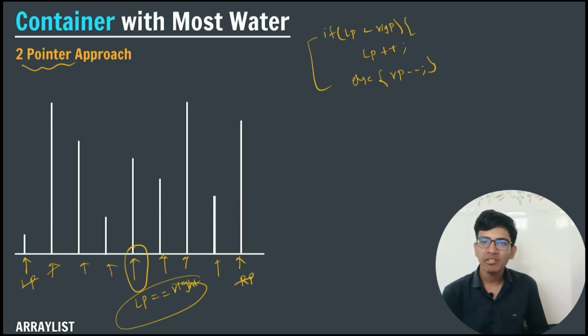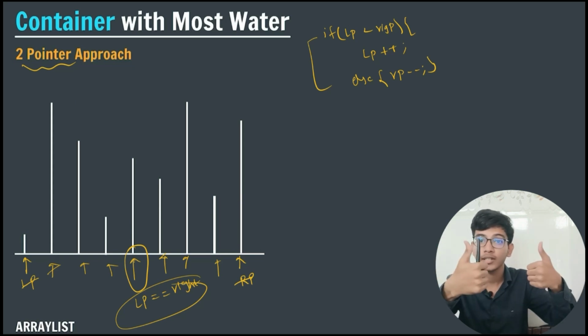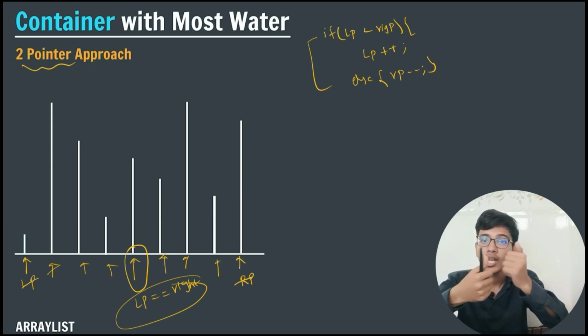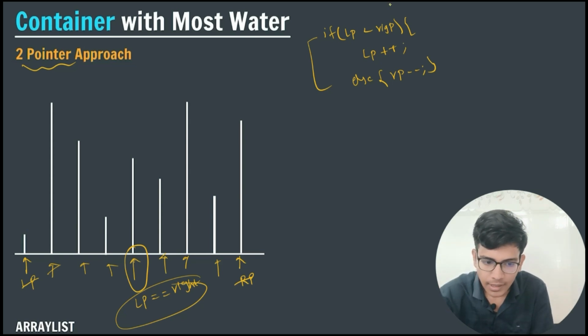In the previous approach, we used consecutive pointers, but here in the efficient optimized code, we are creating a left pointer and a right pointer, calculating the water trapped between these two, and after that we are changing the values, and this will continue. And you need to observe one thing here: let us consider that this is my water and these are my lines.